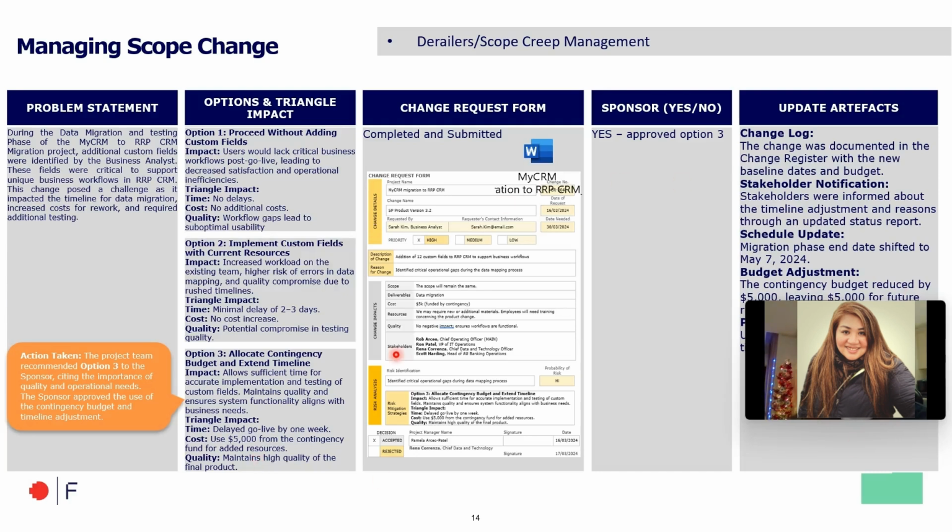As a result of this, the project scope, timeline, and budget were updated. The change was documented formally in the CRF, or the change request form, with the revised baseline dates and budgets. Stakeholders were informed through an updated status report about the timeline adjustment.